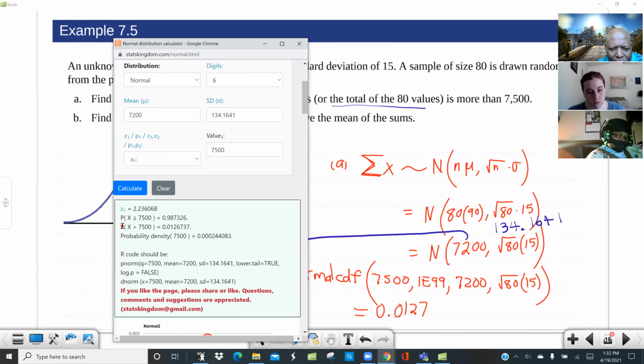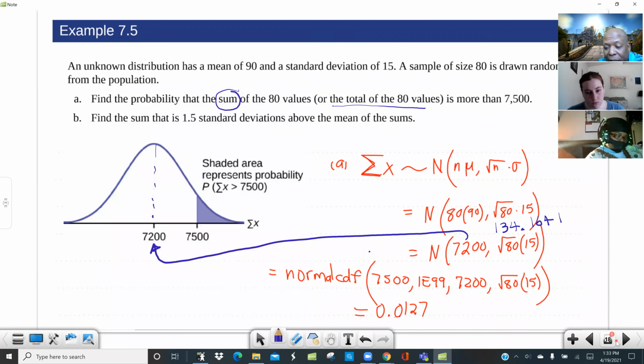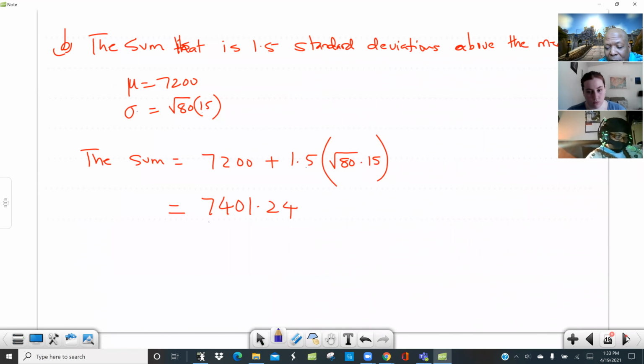So you want to make sure that you really select the one that is consistent with what you want to find. So apart from changing the values of the normal distribution, the mean and the standard deviation, we are just back at the same kind of information. The sum that is 1.5 standard deviations above the mean, where the mean is 7,200 and the standard deviation is that much.